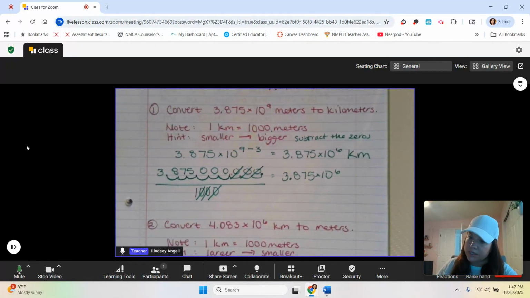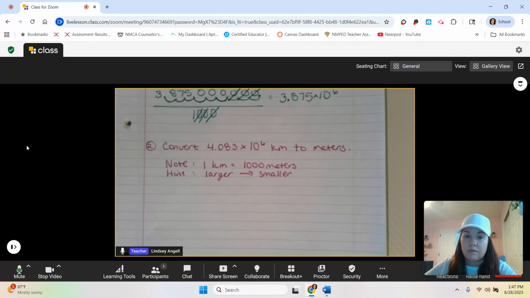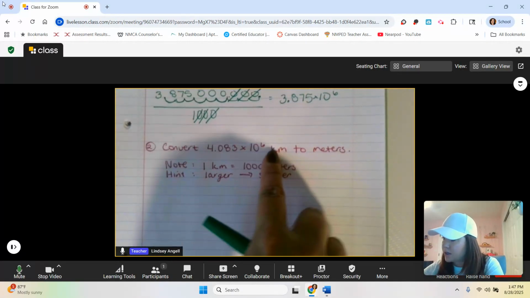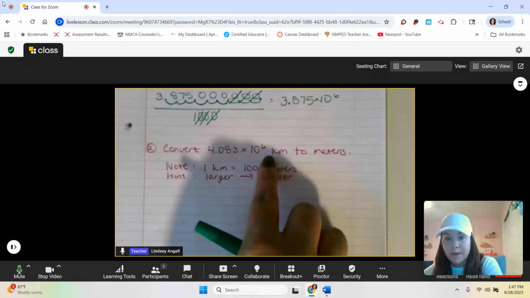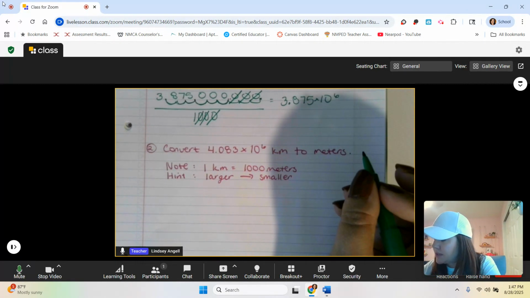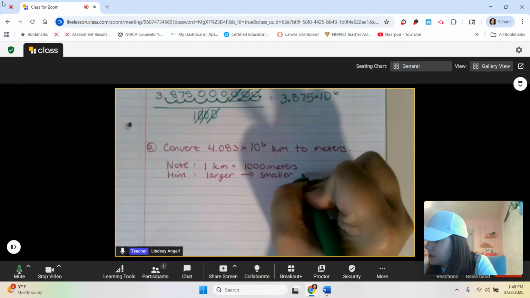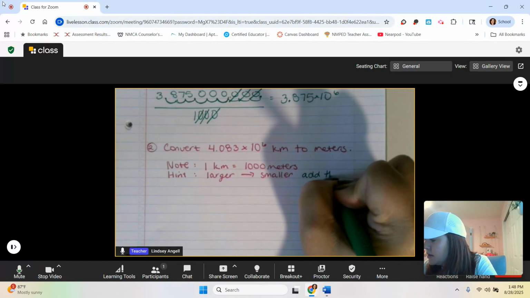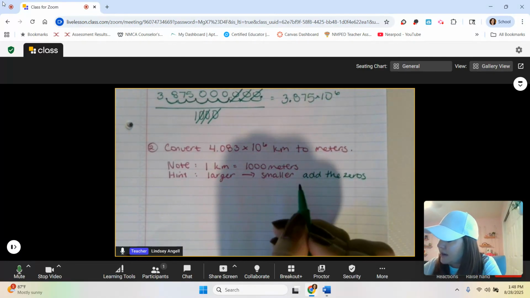Okay? So let's try one going the opposite way. Convert 4.083 times 10 to the 6th kilometers to meters. So last time we went from smaller to larger. Now we're going larger to smaller, right? Kilometers are larger than meters. So if I'm breaking up those kilometers into 1,000 pieces each, I'm going to have more meters than I did kilometers. So this time we're going to add the zeros instead of subtract them.